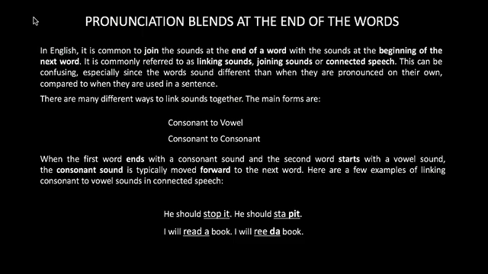Here are a few examples of linking consonant to vowel sounds in connected speech. So, the examples, if you check, here we have, "He should stop it." That's how we should read it. But in English, most of the time, we link the sounds like this: "He should stop it."